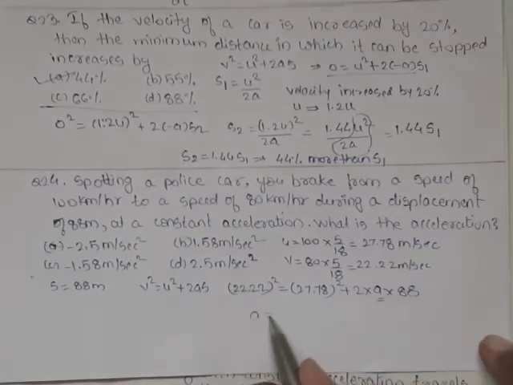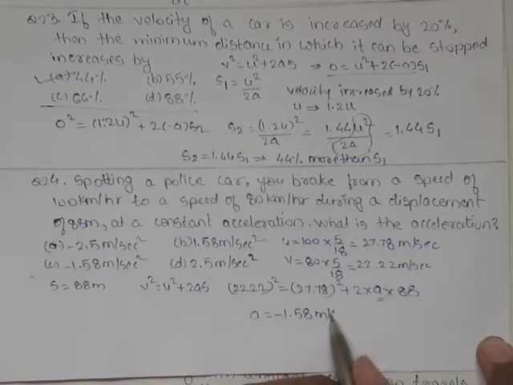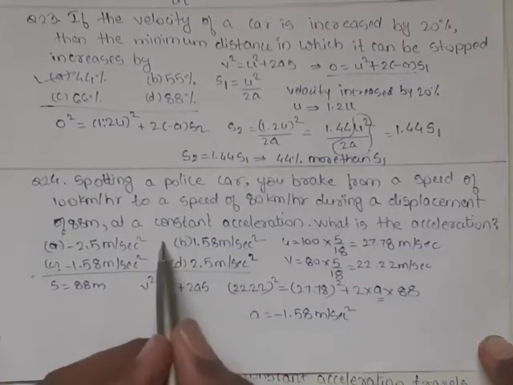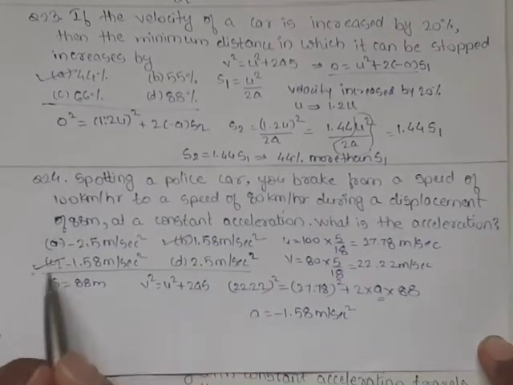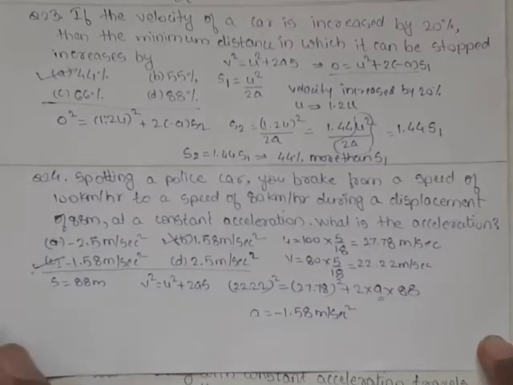Solving this we get the value of a, and the acceleration comes to be negative, minus 1.58. Unit should be meter per second square. So out of these 4 options, option C, minus 1.58 meter per second square, is correct. So for 24, option C is correct.